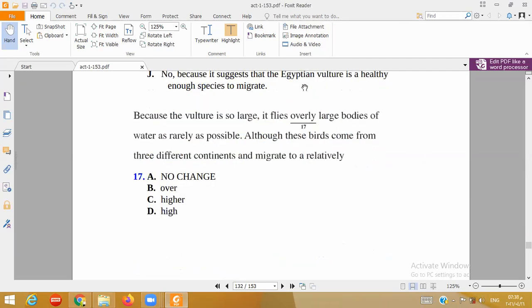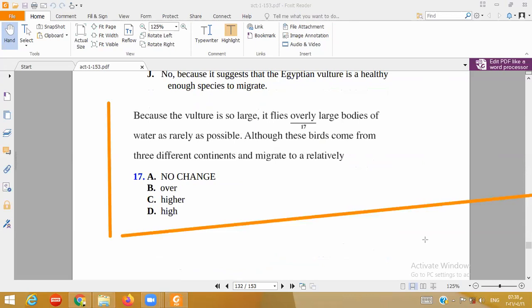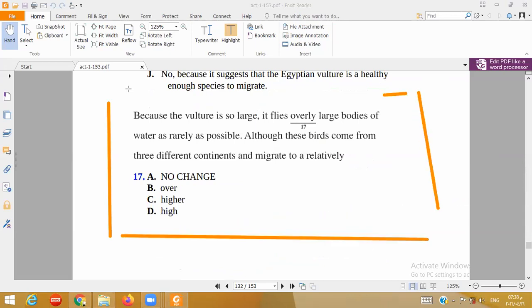Okay, Zain, read the second paragraph. Because the vulture is so large, it flies over large bodies of water as rarely as possible.